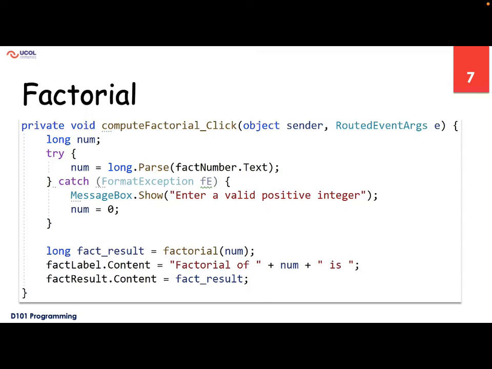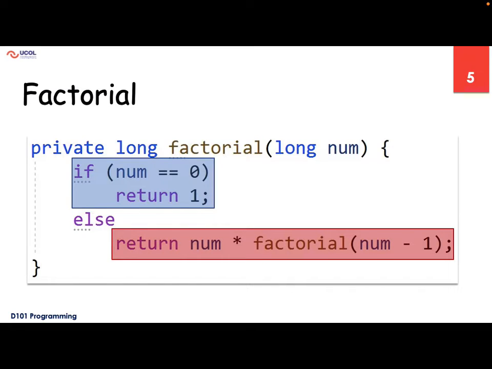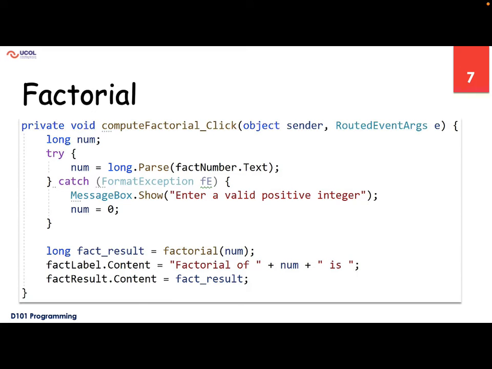Okay? And then I am saying long, whatever is going to be returned by this factorial method, and if we look at that, it is going to return me a long value. So I am just receiving that value in the factorial result, calling that factorial method and giving it whatever number has been given by the user.